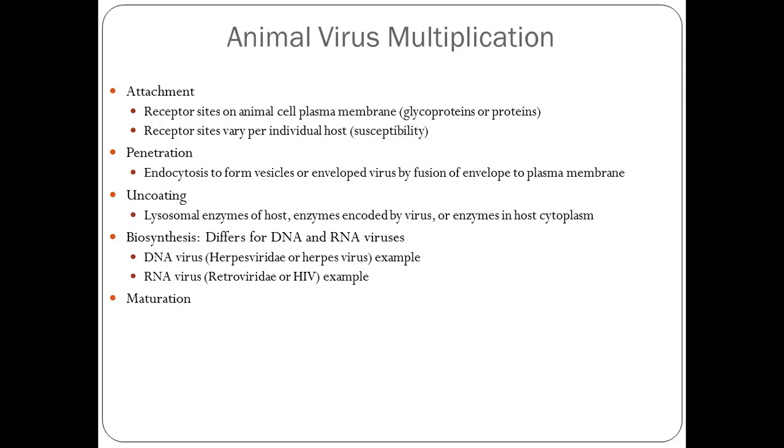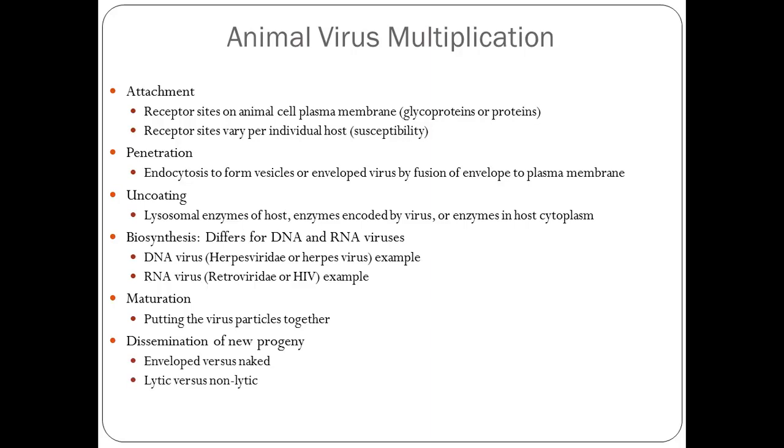Maturation is when the nucleic acid and the capsid proteins assemble. So you're putting the virus particles together. Dissemination or release of the new progeny depends on envelope versus naked, lytic versus non-lytic. And this could be by budding. Budding occurs in envelope viruses.